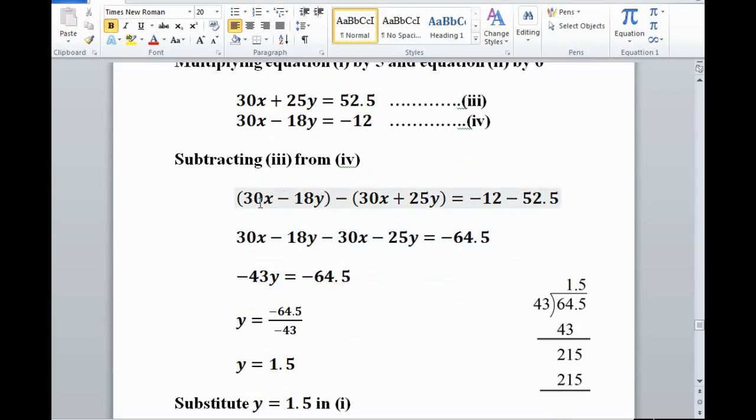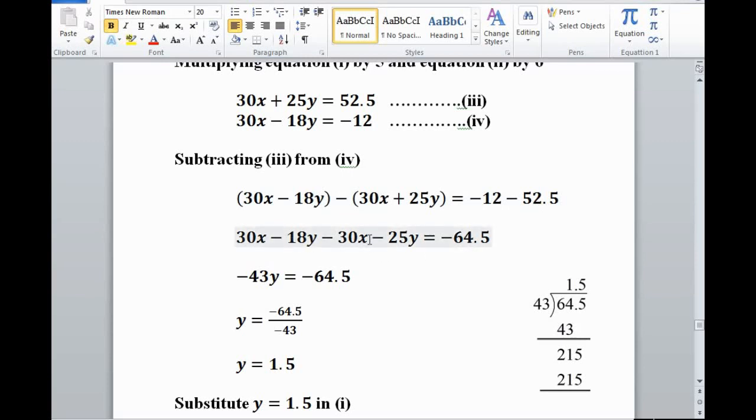And now simplification, 30x minus 18y, negative multiplied by positive 30x is negative 30x, and minus multiplied by plus is minus 25y, equals negative 12 minus 52.5 equals negative 64.5.